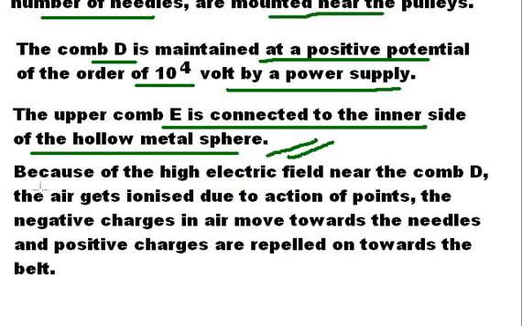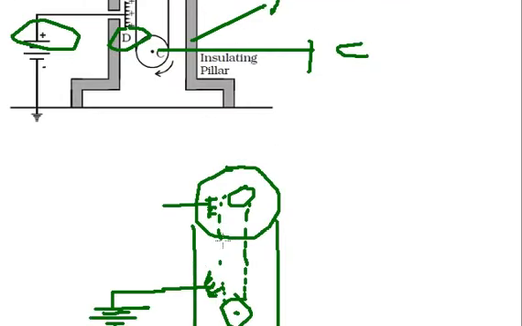Then, because of the high electric field near the comb D, so where is the comb D? D is here at the bottom, and the top metallic conductor is E. It is a comb-like structure, and the positive terminal is connected to the comb D. I will put the diagram here.